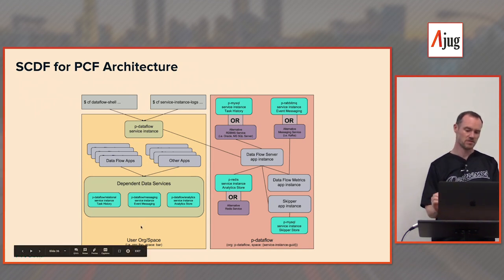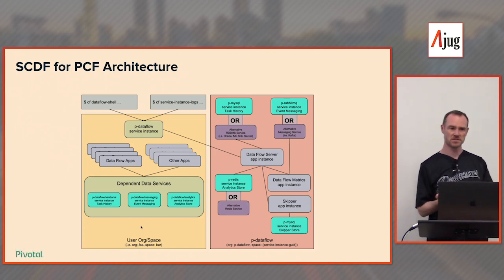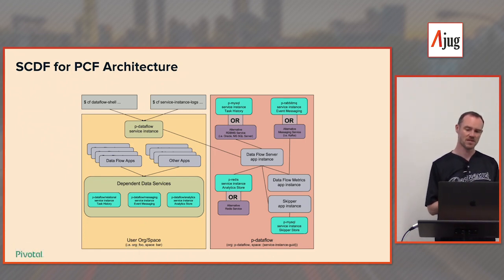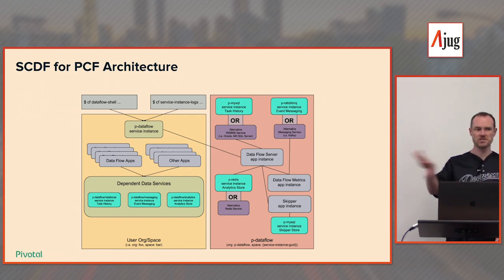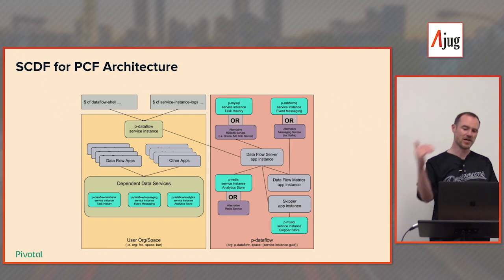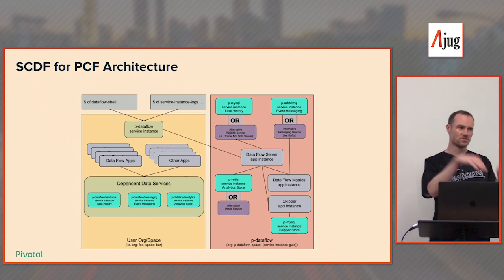And on the user side, what you see is the traditional Cloud Foundry service instance, which is a Data Flow server. And we also have a few things called proxy services, which proxy to those backing applications and allow the apps that Data Flow deploys to be used within the user space.